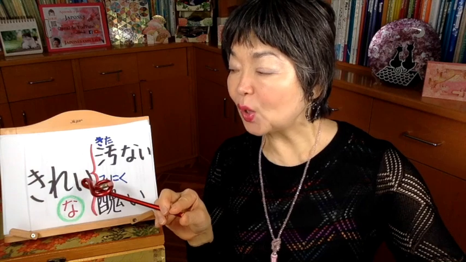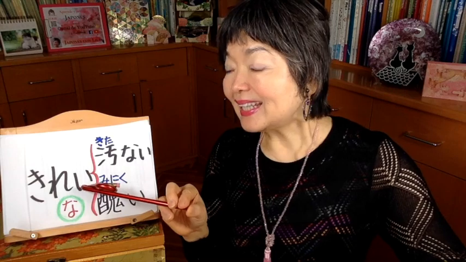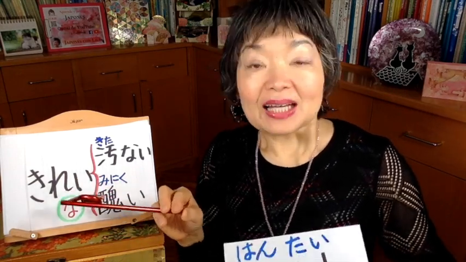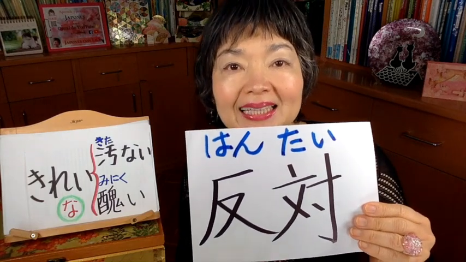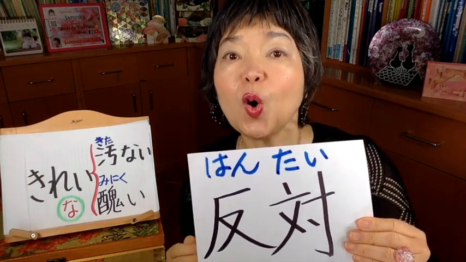The first adjective, きれい, beautiful or clean. So there are two meanings. きれい when it is beautiful is used for women, and きれい for clean is for everything. So we've got two 反対 words. 反対, opposite.